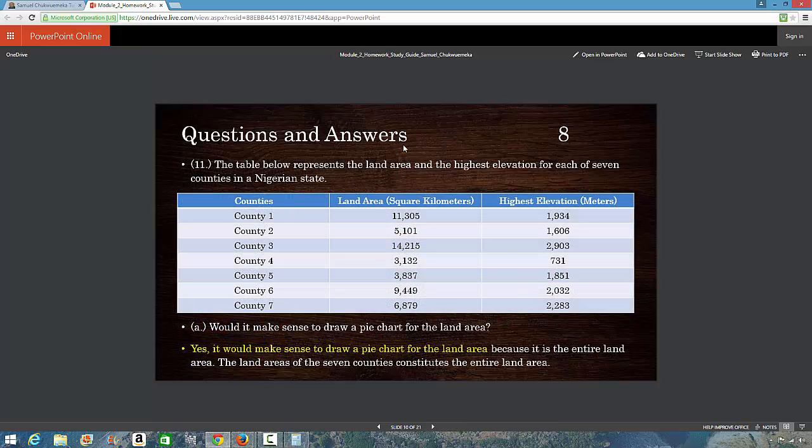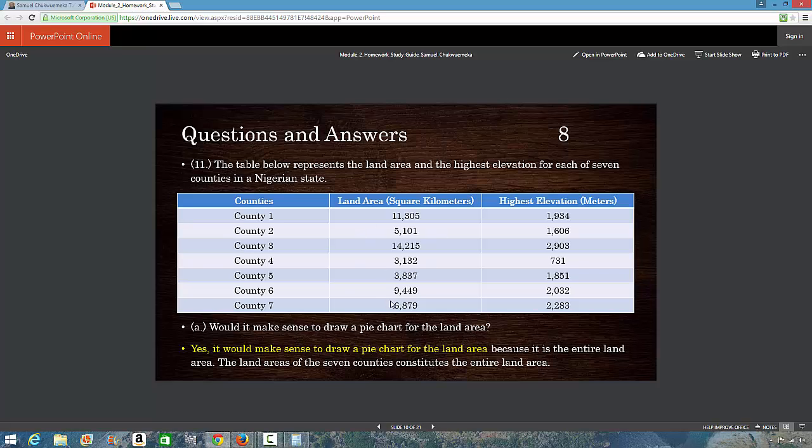Question 11. The table below represents the land area and the highest elevation for each of 7 counties in a Nigerian state. Would it make sense to draw a pie chart for the land area?